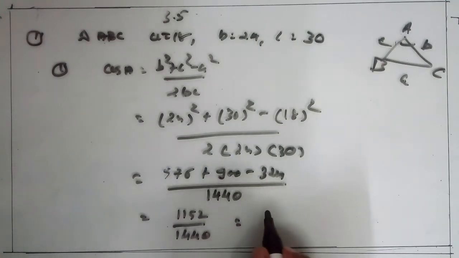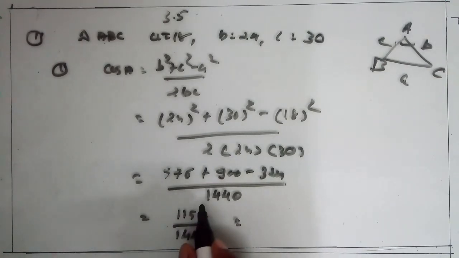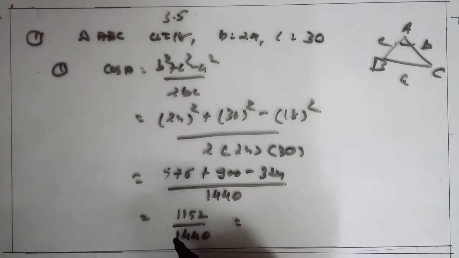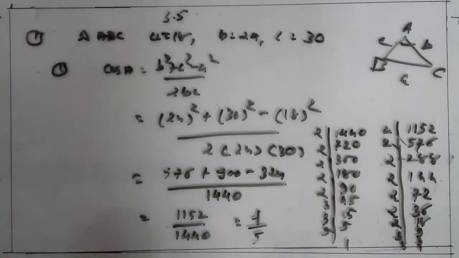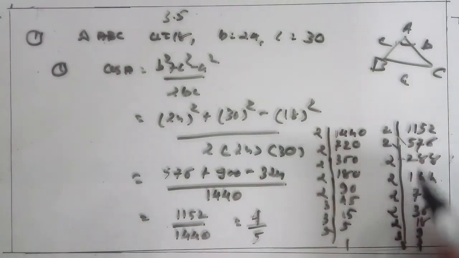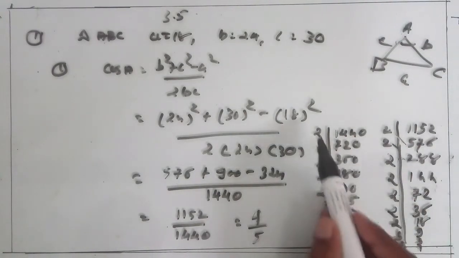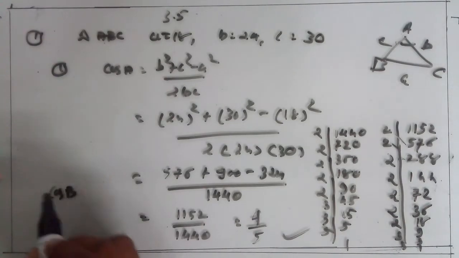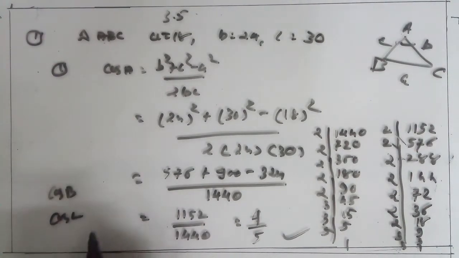Using the simple division method, get a common factor. After removing the common factor from numerator and denominator, we get 4 upon 5. Clear this answer. Similarly, we get the value of cos B applying the same method, and cos C. Clear? Just try to solve this yourself.